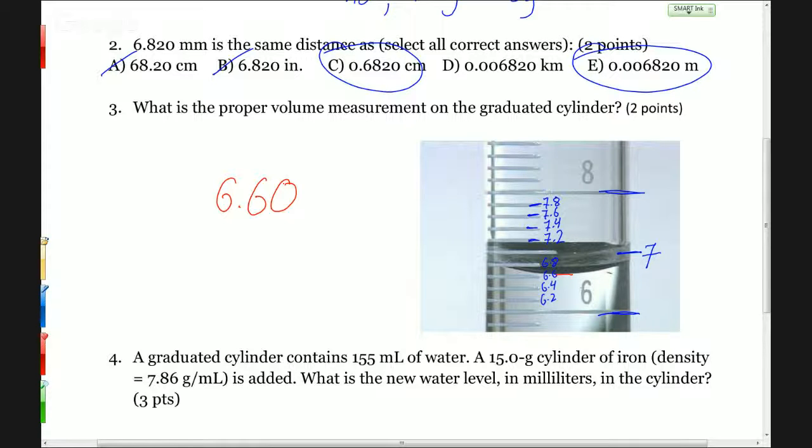If you were up into the 6.7, 6.8 range, I probably took a point off because that's starting to get a little far away. And if you got the wrong number of decimal places, or were kind of way off, then you didn't get any of those points. So remember that we always have to use our marks and then add 1 decimal place beyond where the marks tell us that we've estimated ourselves.